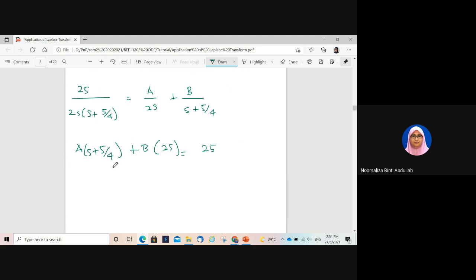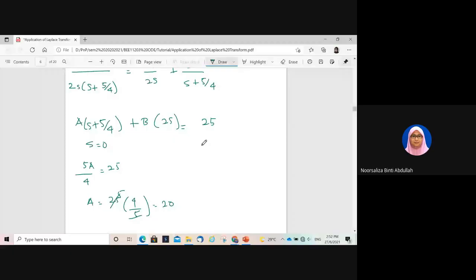If S equals 0, A equals 20. If S equals to minus 5 over 4, A equals to 0 because this one minus this one 0.